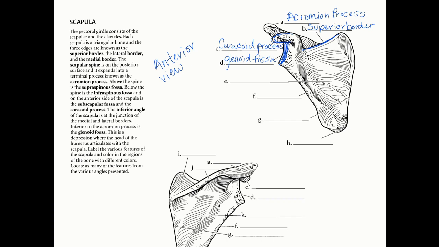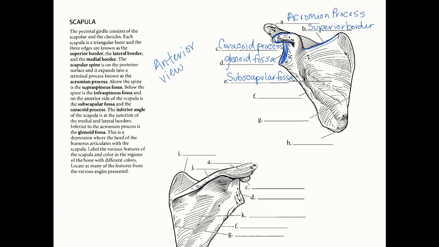And to continue with discussing a smooth, flat area, E is referring to the subscapular fossa. So if you're looking at the anterior view of the scapula, that large fossa is going to be the subscapular fossa.